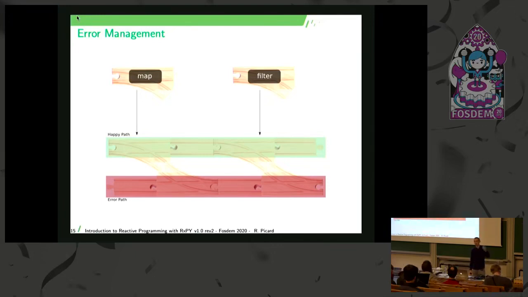So the map operator takes items from the happy path and outputs them on it, as well as the filter one. But if anything wrong happens, there's also a failure path that allows to propagate errors and stop all the data flow. So typically, if there's an error that occurs in the map operator, this error will not propagate through the happy path, but through the error path.